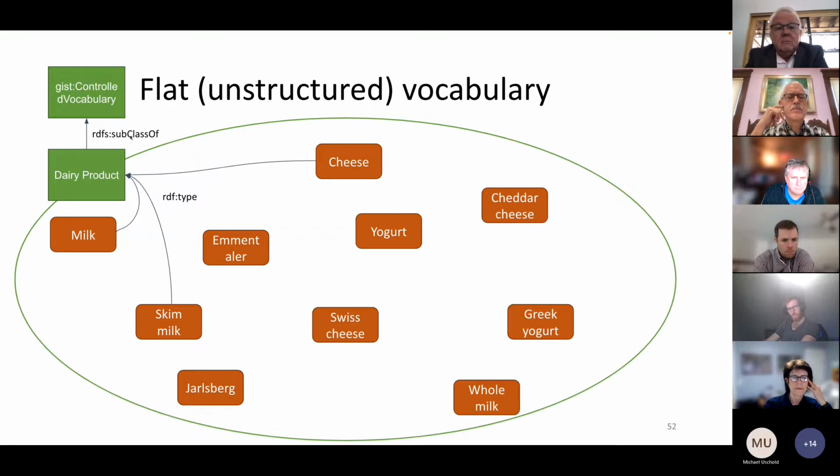I've got this wrong, this slide isn't good, I'm going to need to fix it. So what we would really have, let me walk through this: dairy product is a controlled vocabulary, and these particular instances are members of the controlled vocabulary.